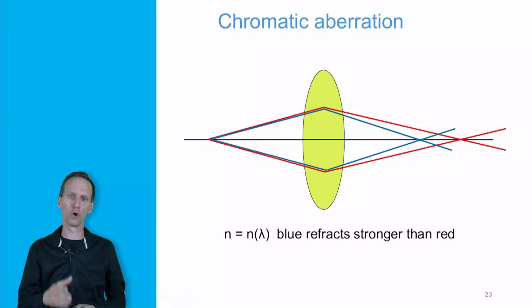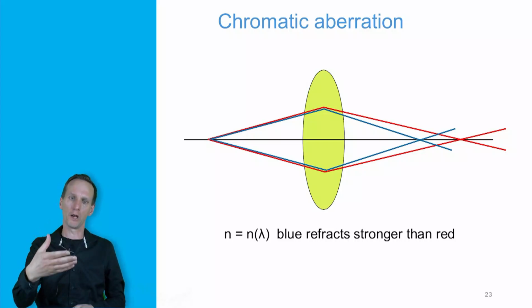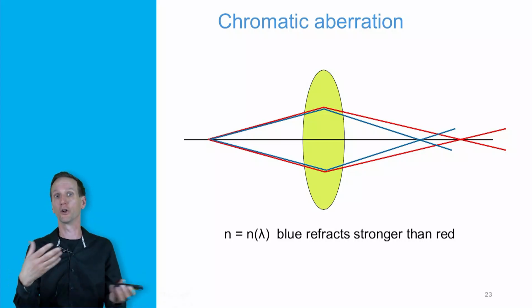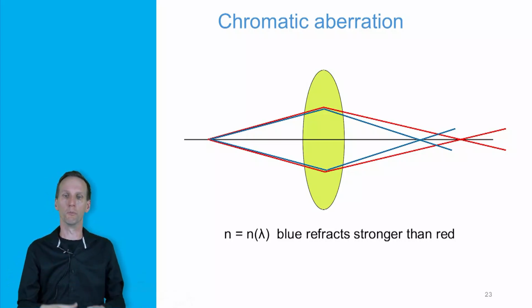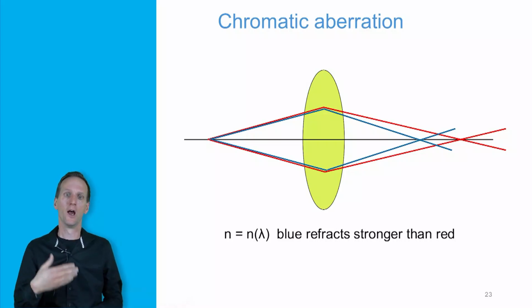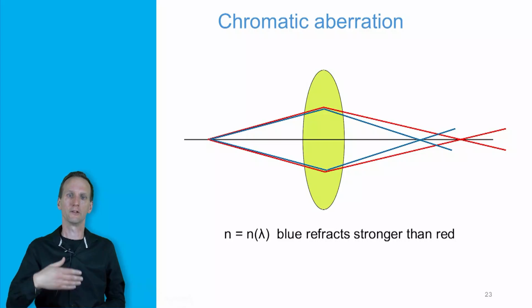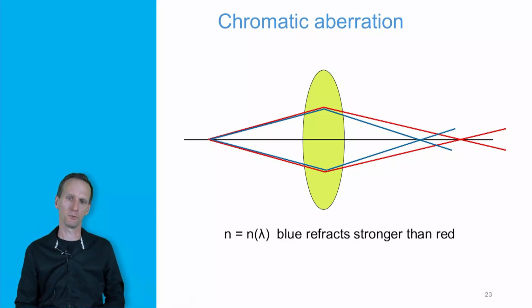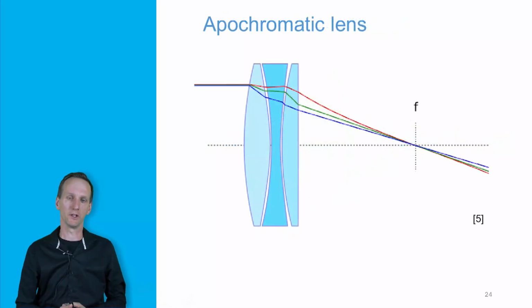This means that the focal point shifts, and that if one wavelength, one color, is in focus, another color is not, leading to blurring. So many of the objective lenses we use nowadays have multiple lenses that in total correct for these aberrations as much as possible. You see that depicted here.